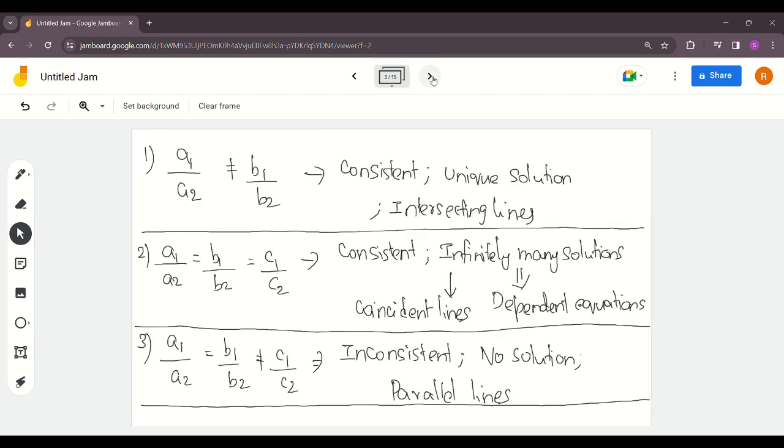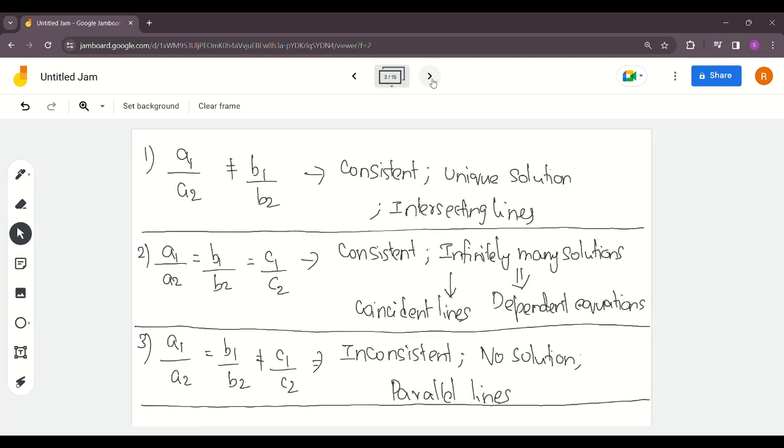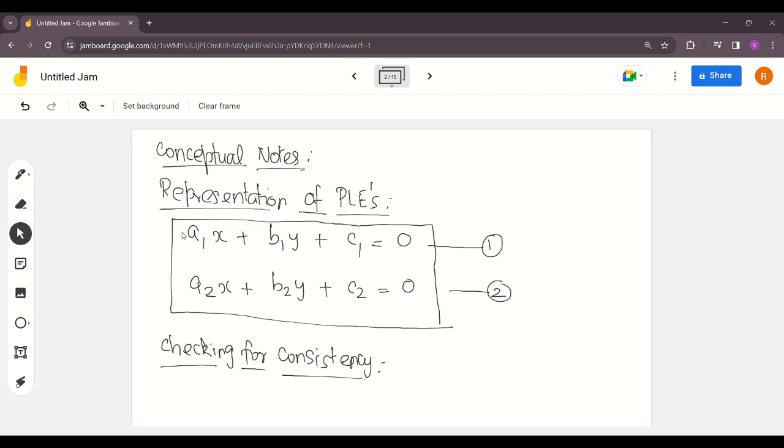Now here, please see carefully. a1x plus b1y plus c1 equal to 0 and a2x plus b2y plus c2 equal to 0. For this system to be consistent and hence have a unique solution, a1 divided by a2 should not be equal to b1 divided by b2.